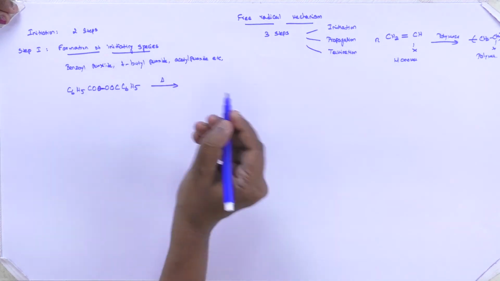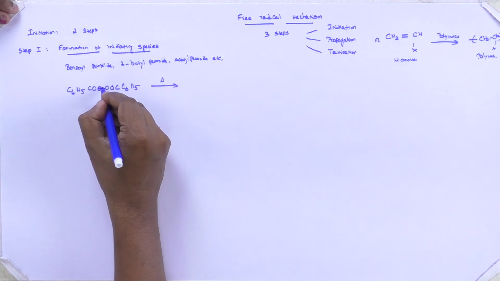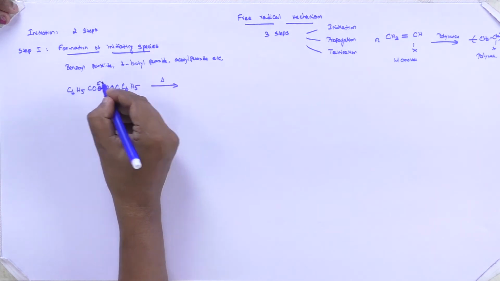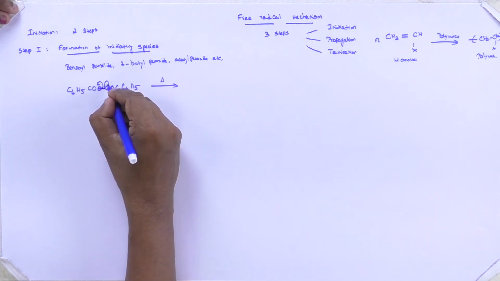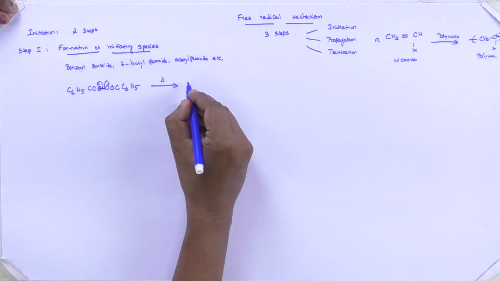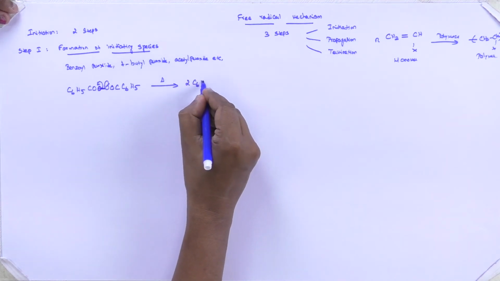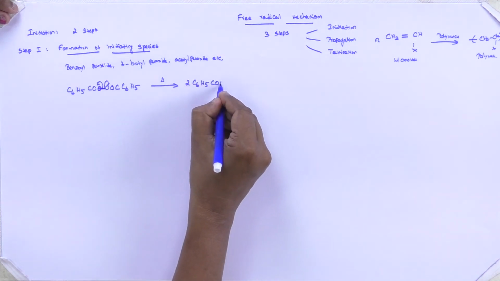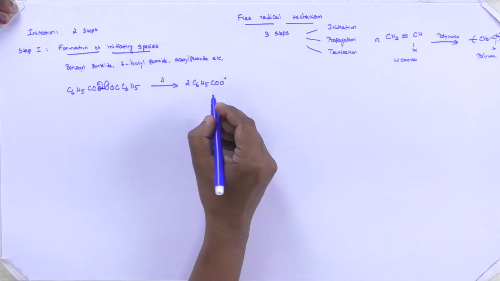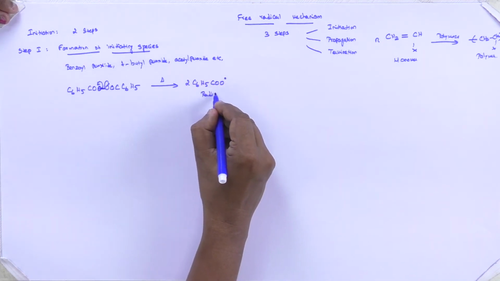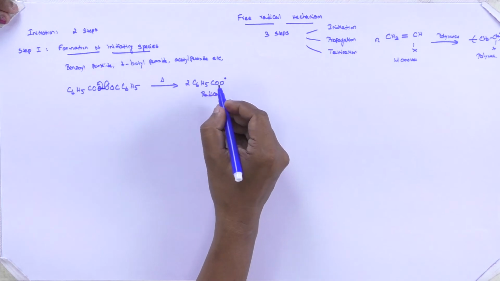On heating, you have two electrons here, one electron will shift over here and the other electron will shift over here, forming two molecules of the C6H5COO radical. But this does not stop here.